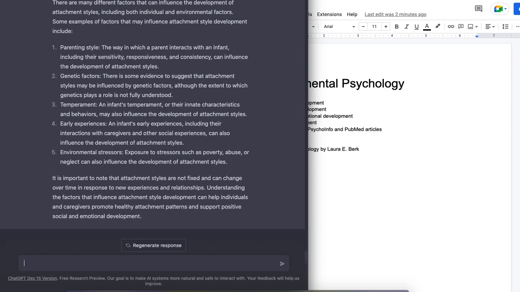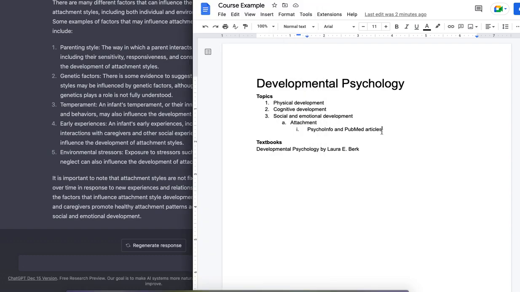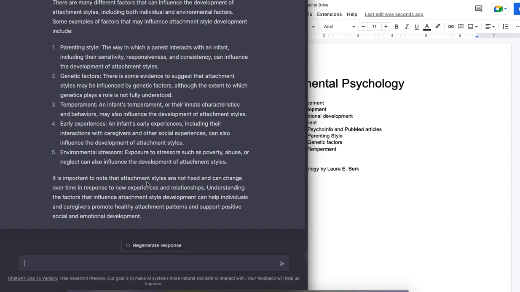And I've stopped taking notes, but if I get into attachment, I might start seeing parenting style, genetic factors, and I could have written down all the questions. In fact, I might break these up into bigger sections. So genetic factors, temperament, and so on.